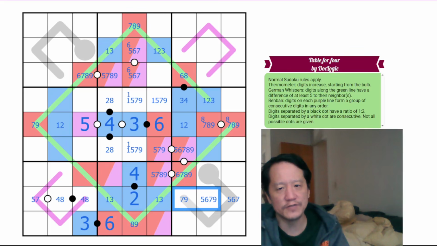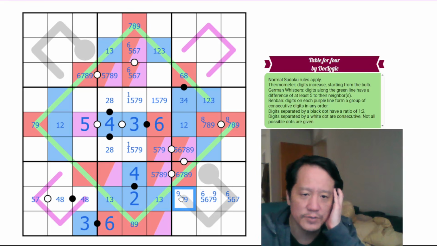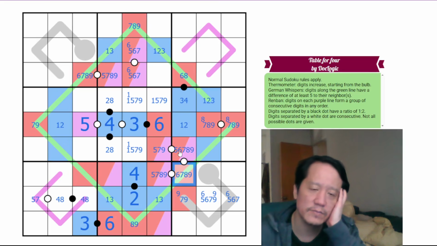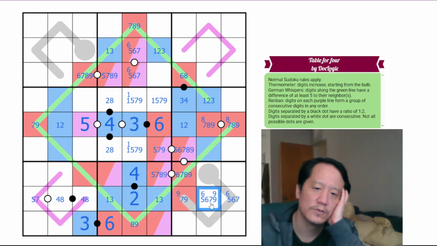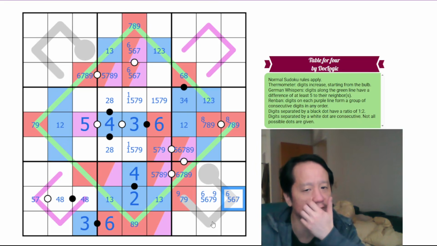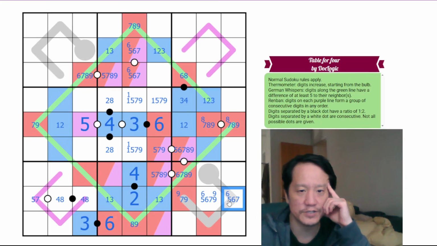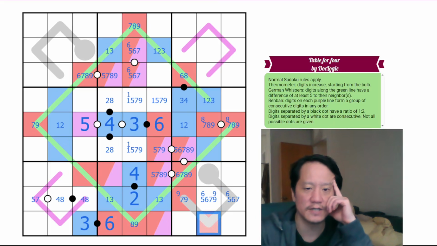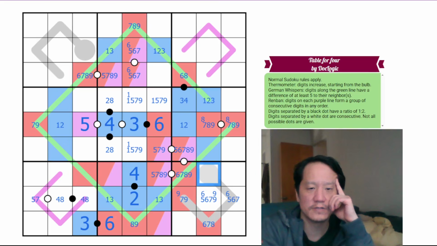One of these is definitely 9, and one of these is definitely 6. So this is a high digit here. This is at least 5, so therefore this is a high digit here. It has to be at least 6, 7, or 8. We don't know about that.